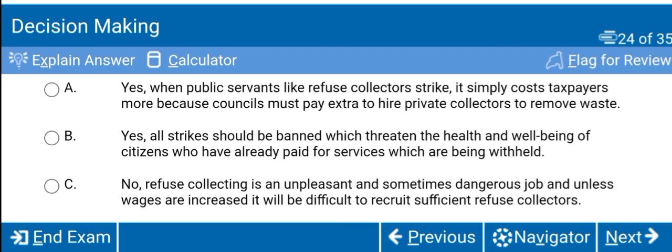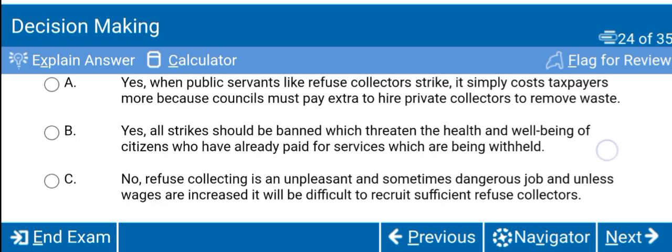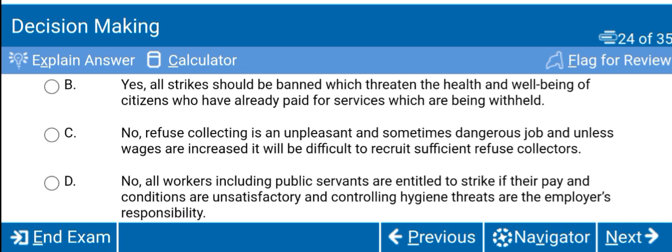Option B: yes, all strikes should be banned which threaten the health and well-being of citizens who have already paid for services which are being withheld. Option C: no, refuse collecting is an unpleasant and sometimes dangerous job, and unless wages are increased, it will be difficult to recruit sufficient refuse collectors.